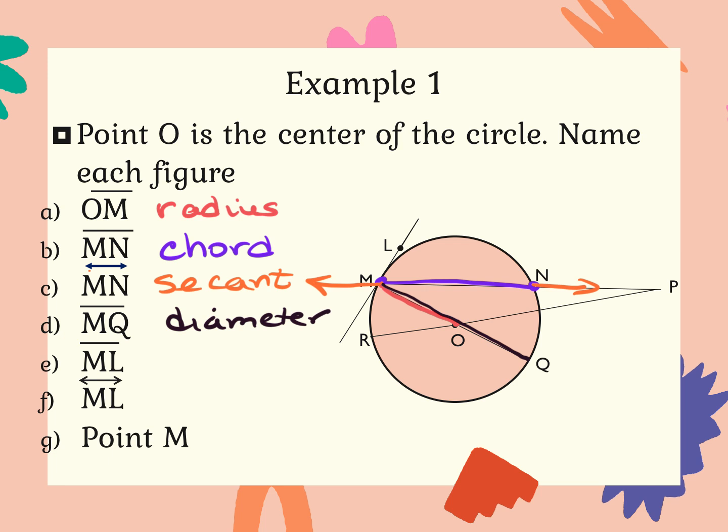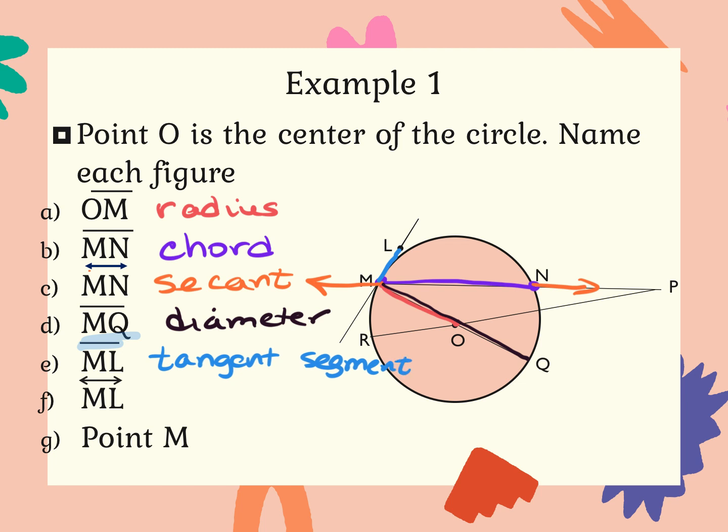ML is located over here. Notice the picture on top of the capital letters is the symbol for a segment. It's only touching my circle at point M, making this a tangent, but because the picture on top of the capital letters M and L is the symbol for segment, this is a tangent segment.